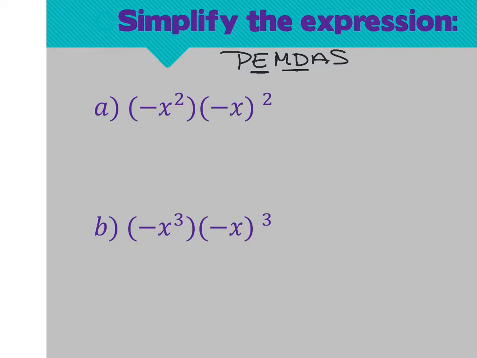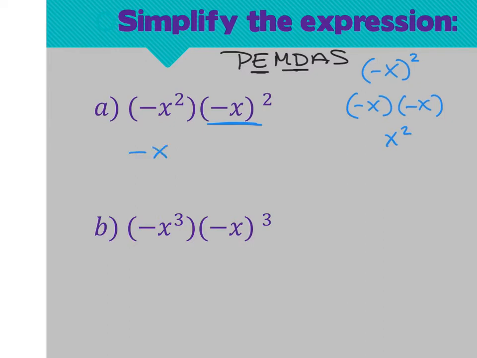So what I'm going to do is I'm going to go ahead and apply this exponent first. Notice my negative number here is in parentheses. So what this means to me, negative x in a parenthesis raised to the second power, this means I'm doing negative x times negative x, which means it becomes positive x squared.